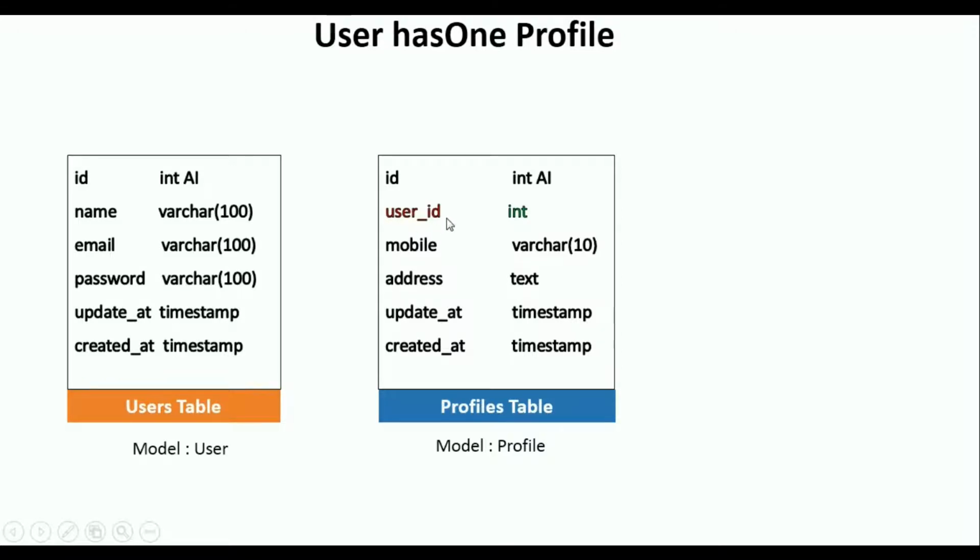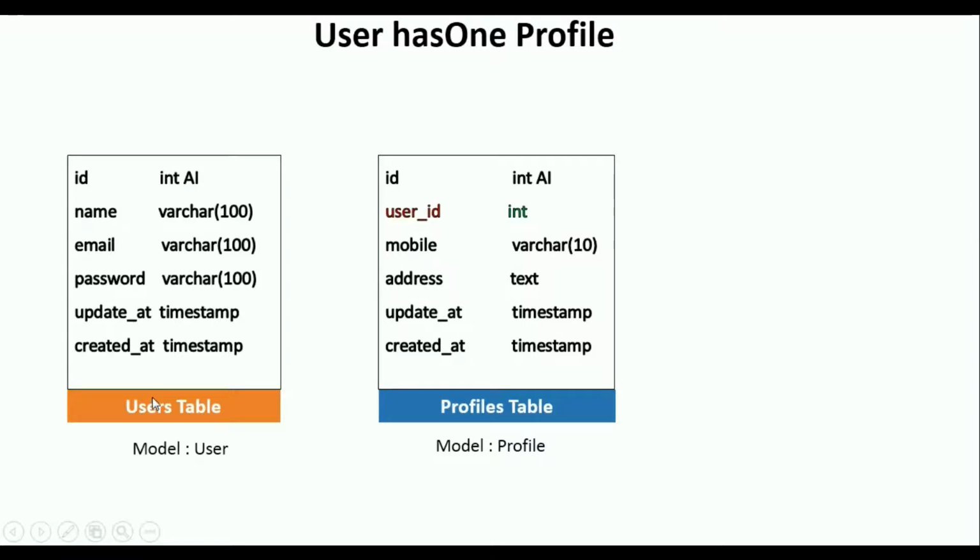I have to create this particular field. By default you have to create it like this, because by creating this you can join these two tables, or make a relationship between the users table and the profiles table. I have other information like mobile and address.